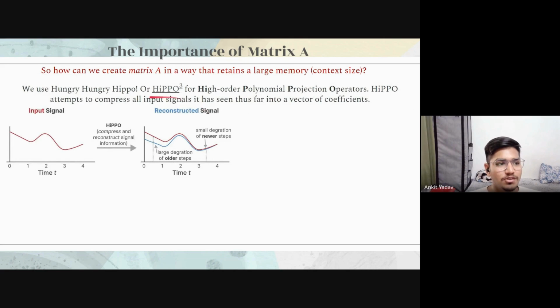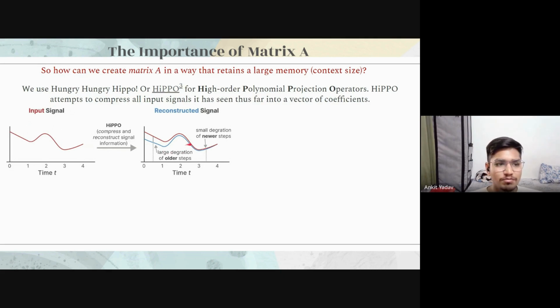So what they use is something known as HiPPO, hungry hippo. This is completely another research. I haven't dived deep into this. This is just a methodology. I'm just saying that they use this HiPPO to, over time, degrade the earlier steps into a concise form without hurting the knowledge at the current timestamp.